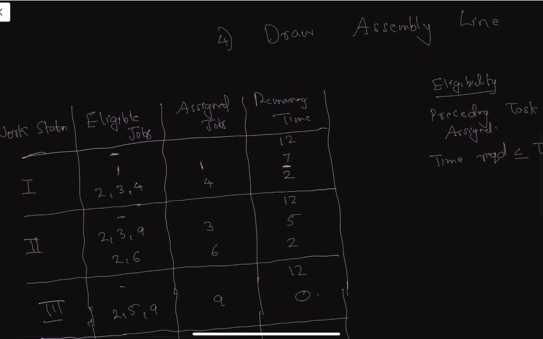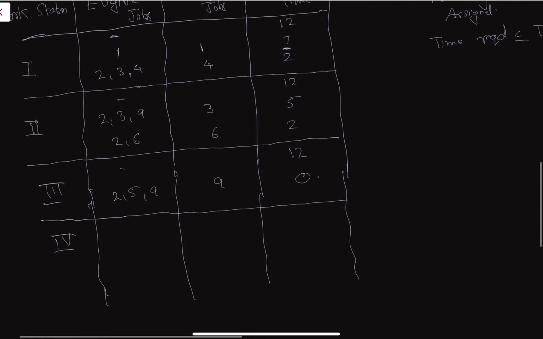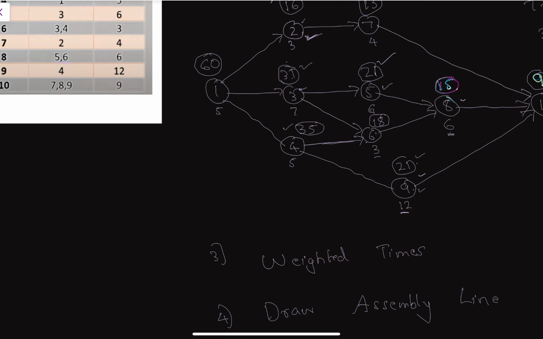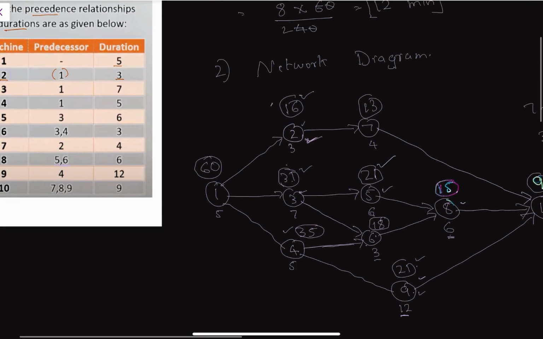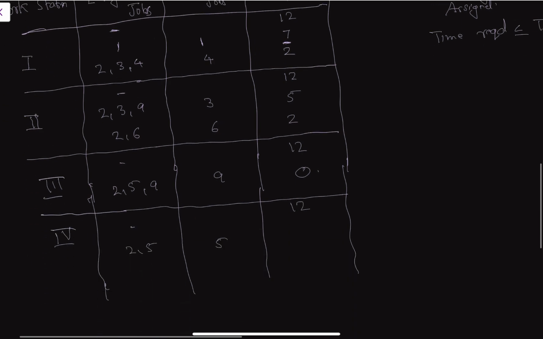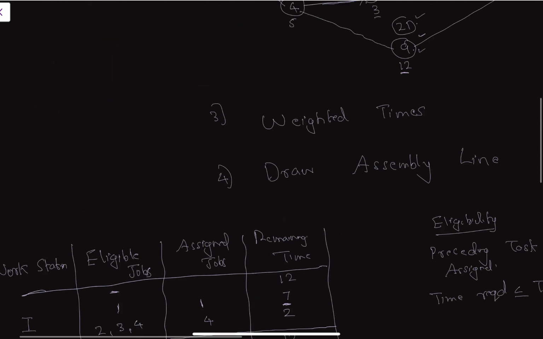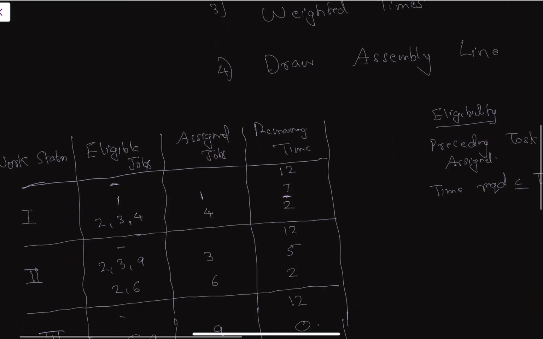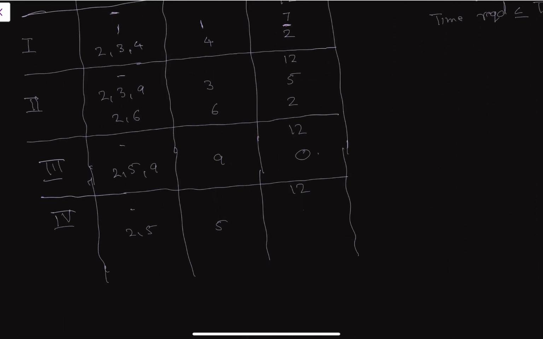We start with a time of 12. You will assign job 5, because its weighted time 21 is greater than 16. The duration for job 5 is 6, so the remaining time is 6.